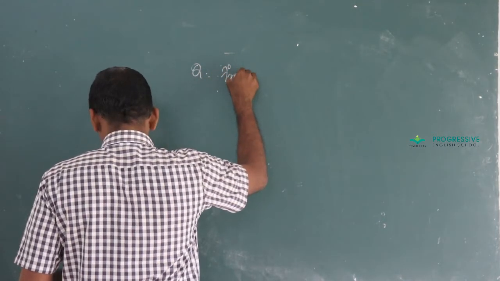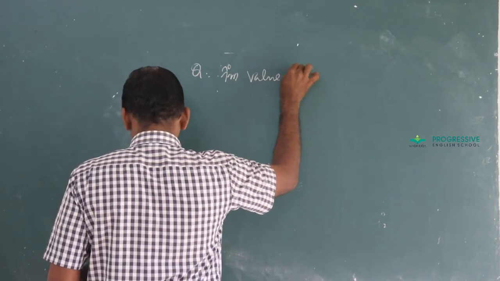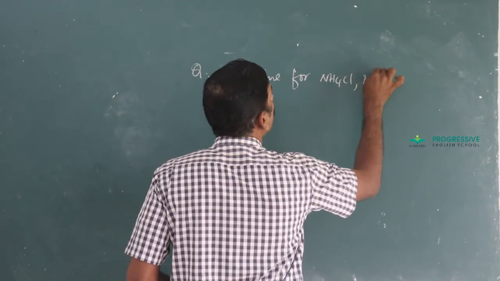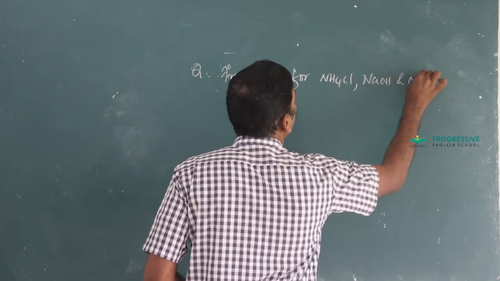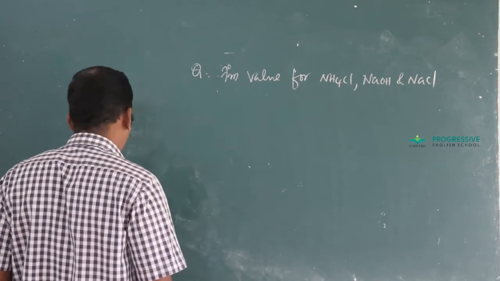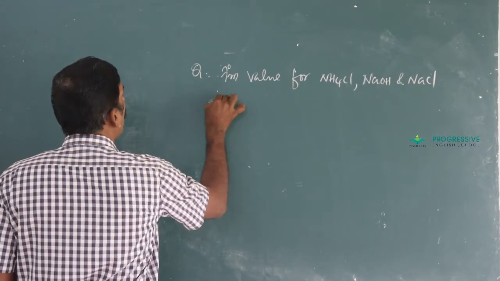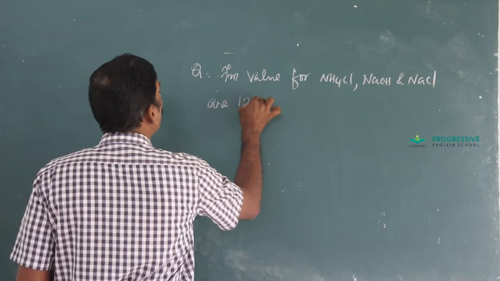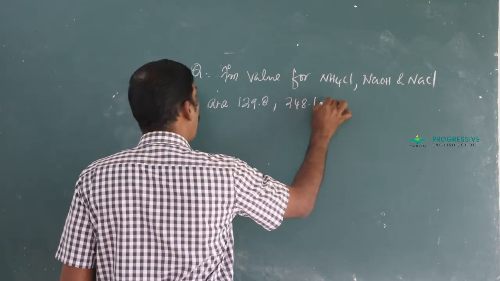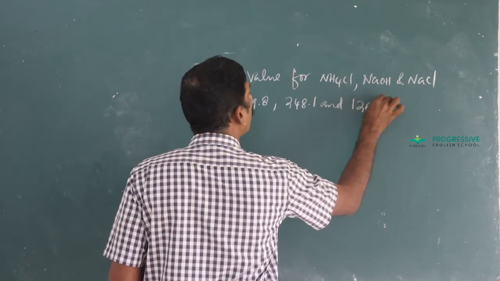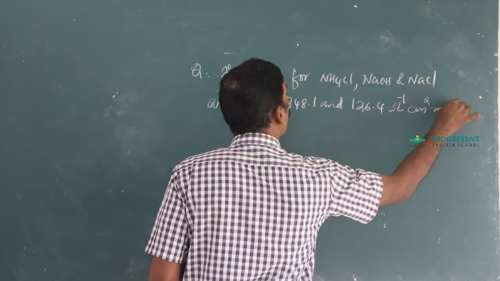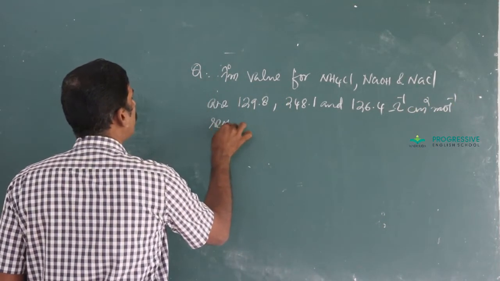Lambda 0m values for NH4Cl, NaOH and NaCl, ammonium chloride, sodium hydroxide and sodium chloride, are 129.8, 248.1 and 126.4 ohm inverse centimeter square mole inverse respectively.